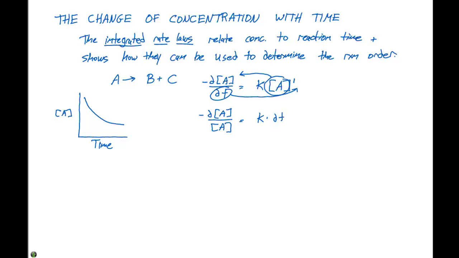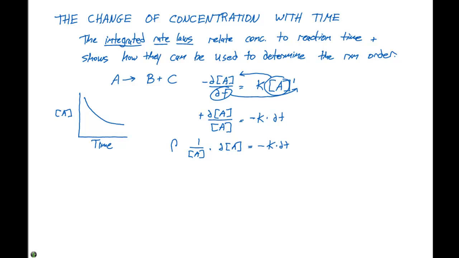All right, if we multiply each side of the equation by -1, this becomes positive and this will be negative. If we rearrange this to look a little more like what we would do in calculus class, we have 1 over A times dA equals minus k times dt. And what we want to do now is integrate each side.